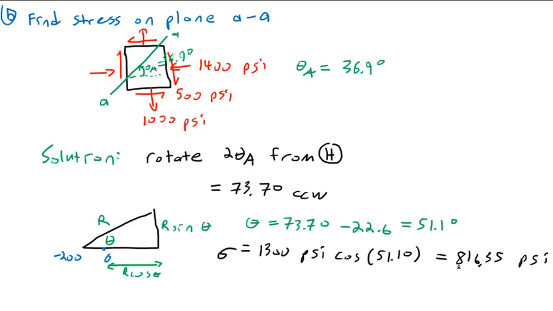Then R cosine theta is just this part, but if I want the overall, the actual sigma here, I have to subtract 200, which comes to 616.3 psi. So that's my sigma stress here, my normal stress here.